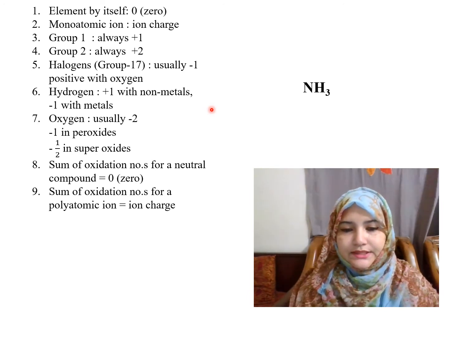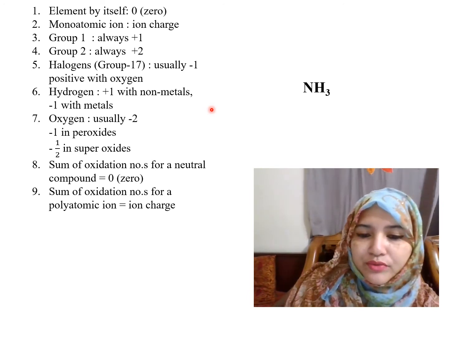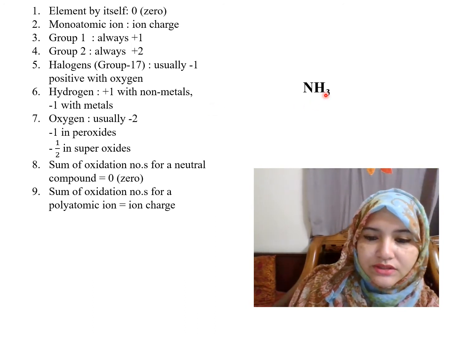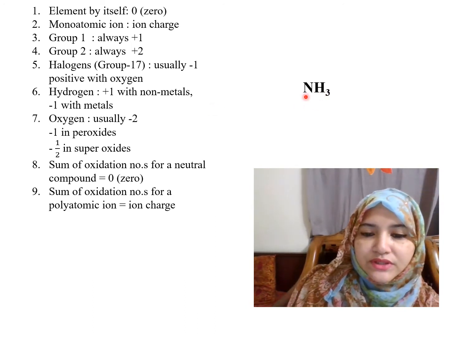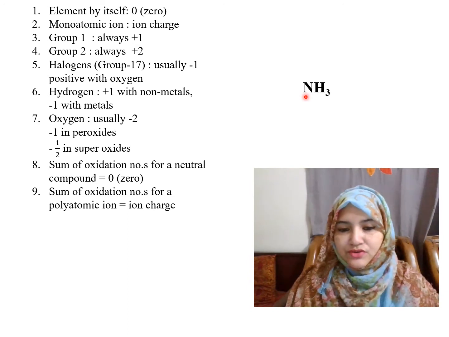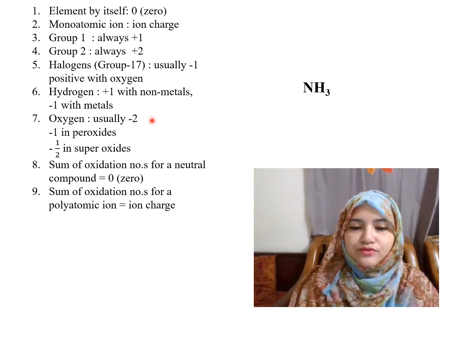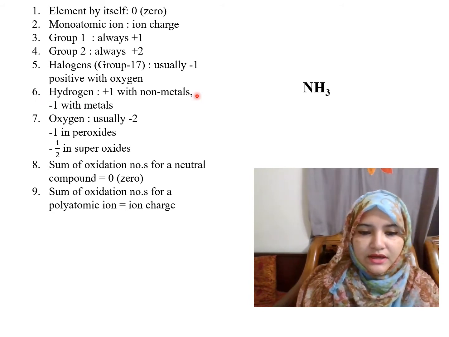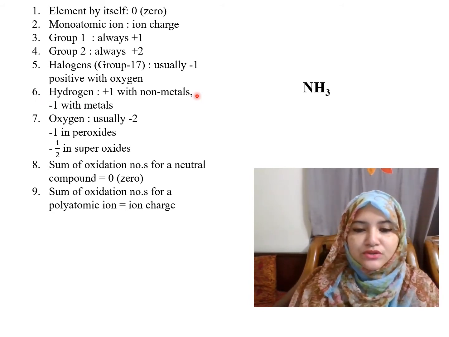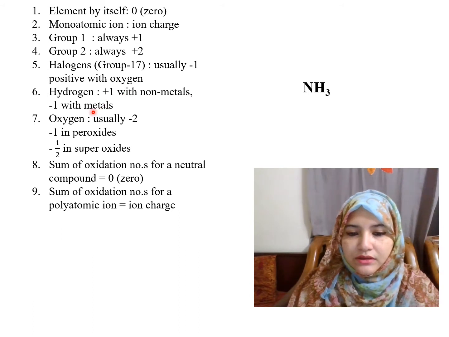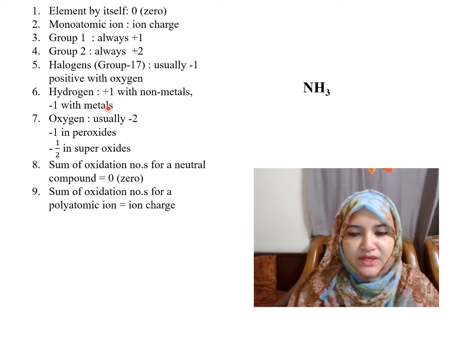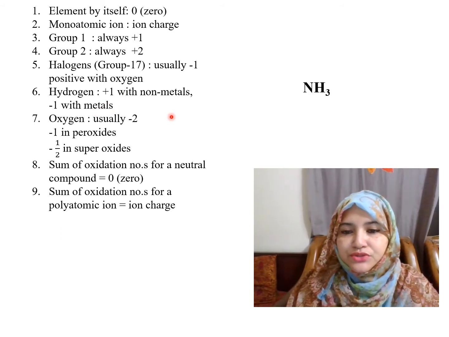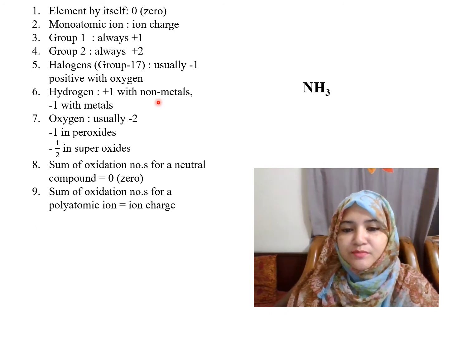Here we have hydrogen with this non-metal nitrogen, and there is a rule for hydrogen, number 6. Hydrogen is plus 1 with non-metals, and minus 1 with metals. When bonded to a metal, hydrogen will have an oxidation state of minus 1.